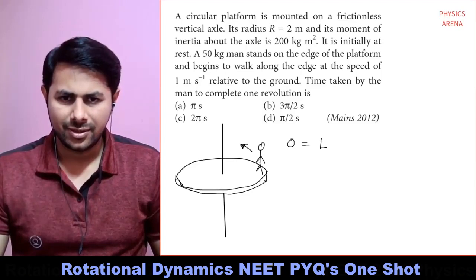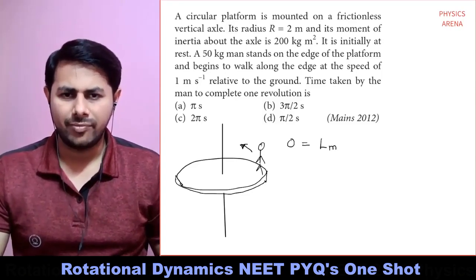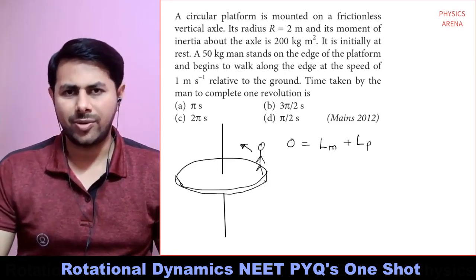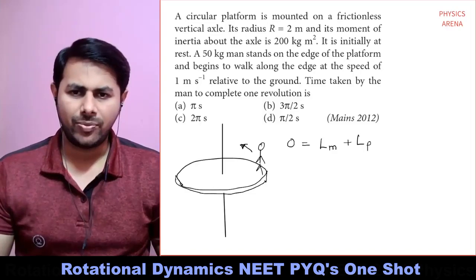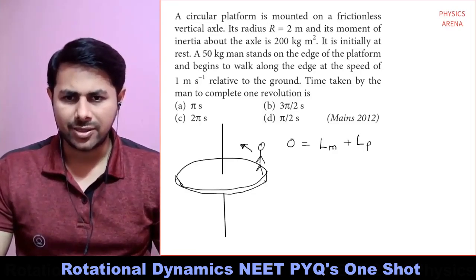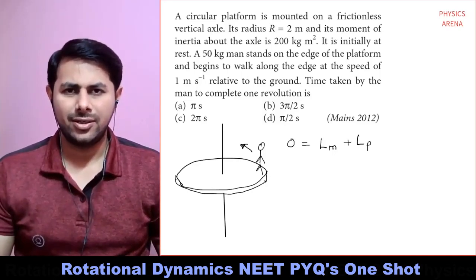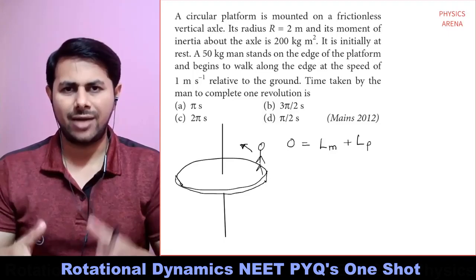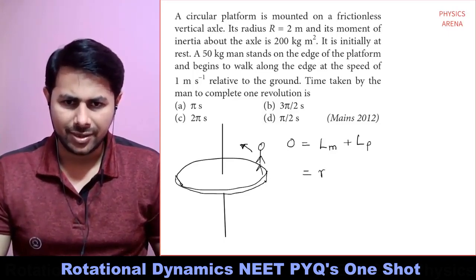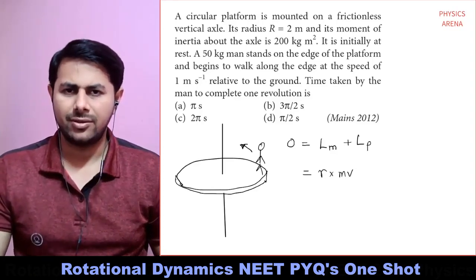Afterwards, suppose L suffix m is the angular momentum of man and L suffix p is the angular momentum of platform. So how will you find out angular momentum of man? Now man is performing circular motion, so his angular momentum is the moment of linear momentum, r multiplied by linear momentum, which is m into v, right?